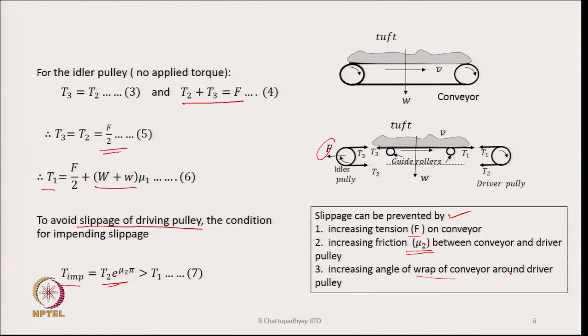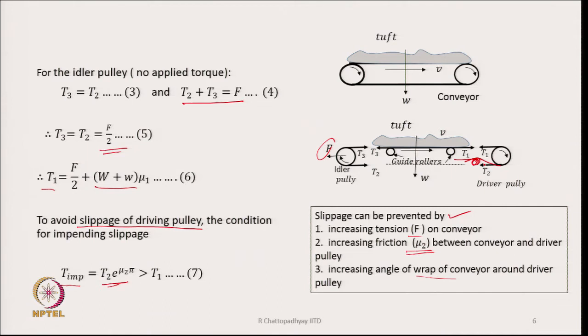Now, how can we increase the value of pi? We can go by a design something like this, and so we can have a roller like here and make the belt pass over this. In that case, its angle of wrap can be changed. So, that could be another way of changing the angle of wrap, but generally that is not changed.